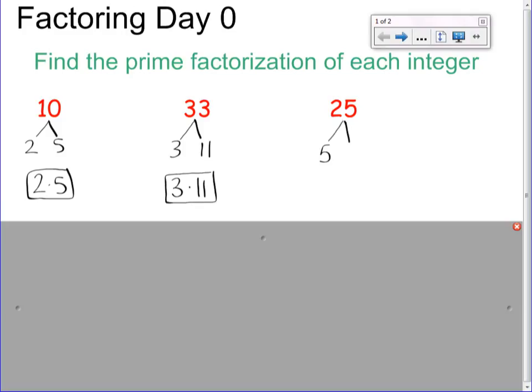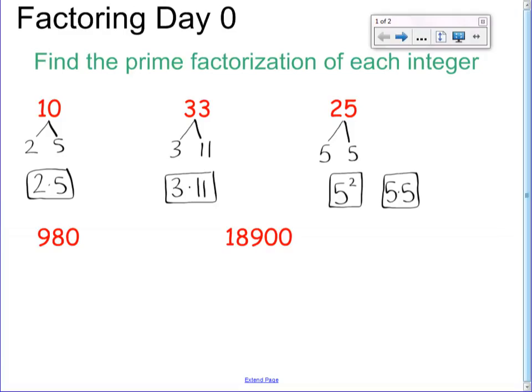And 25 is 5 and 5. Now when you write this, you're going to write it as 5 squared. Okay, I would also accept 5 times 5. In fact, why don't we go with that route? We'll just list all of our numbers here.